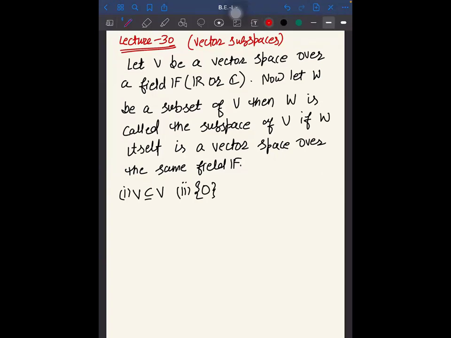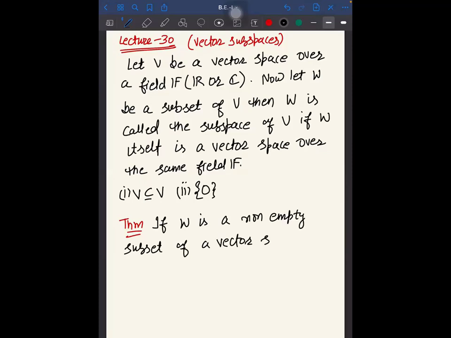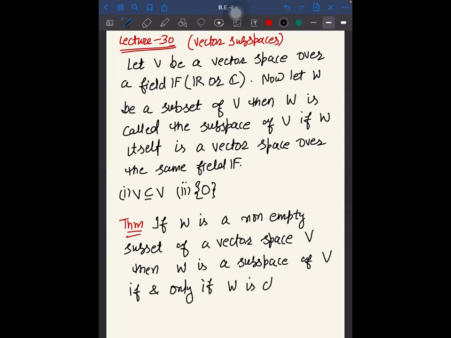So there is a small important result. There is a theorem that says: if W is a non-empty subset of a vector space V, then W is a subspace of V if and only if W is closed under addition and scalar multiplication, right?